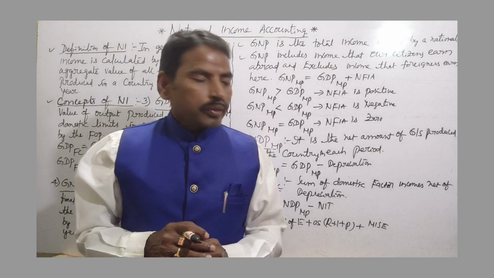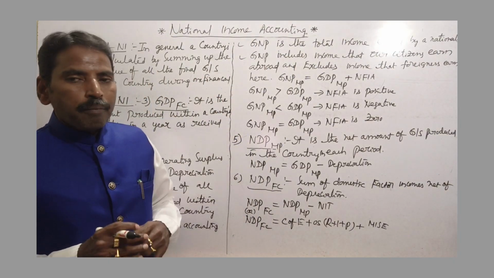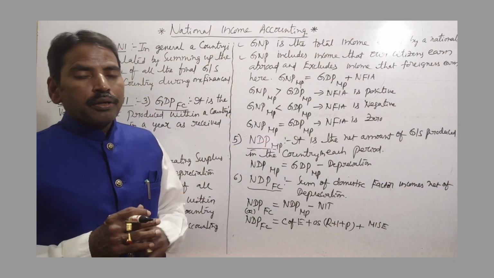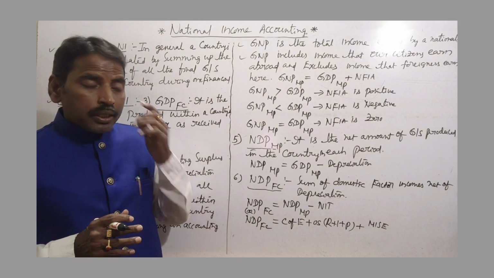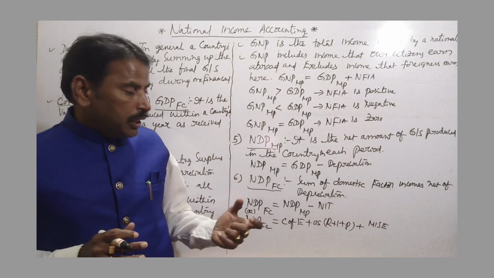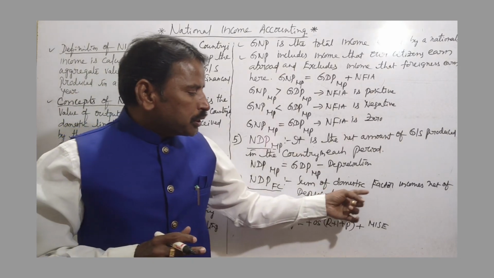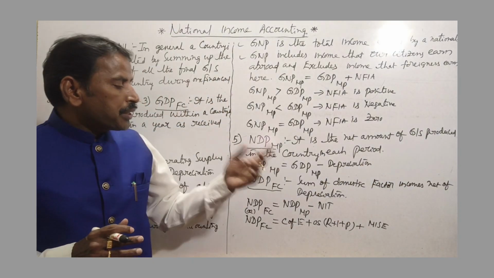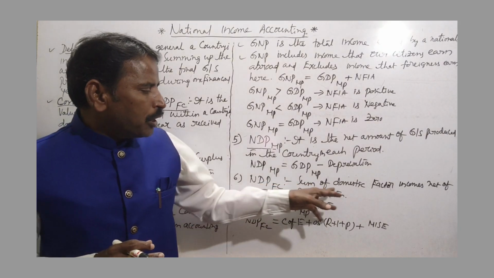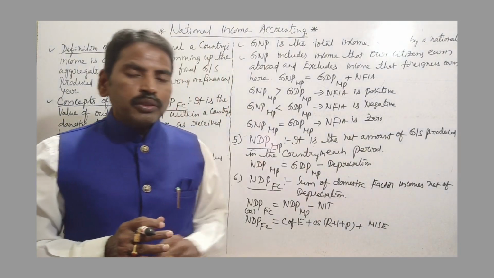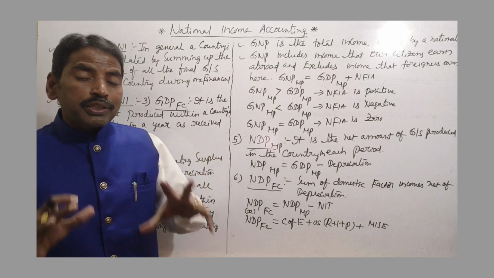Next, the sixth one, NDP factor cost, net domestic product at factor cost. NDP factor cost is the sum of domestic factor incomes net of depreciation.